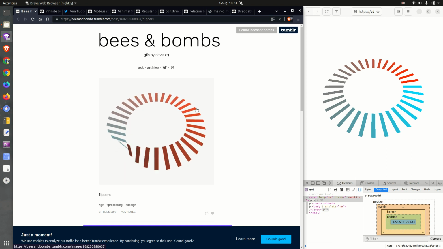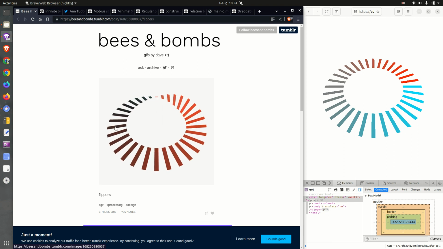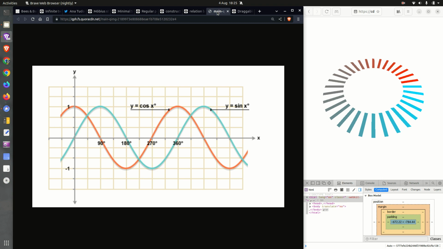So for one side it's going to go up, then it's going to go to the middle, then it's going to go down, then it's going to go to the middle again. That looks like the sine function, which goes to 1 at 90 degrees, and then it goes to 0. So this is basically the midline of the sine, and then it goes to -1.